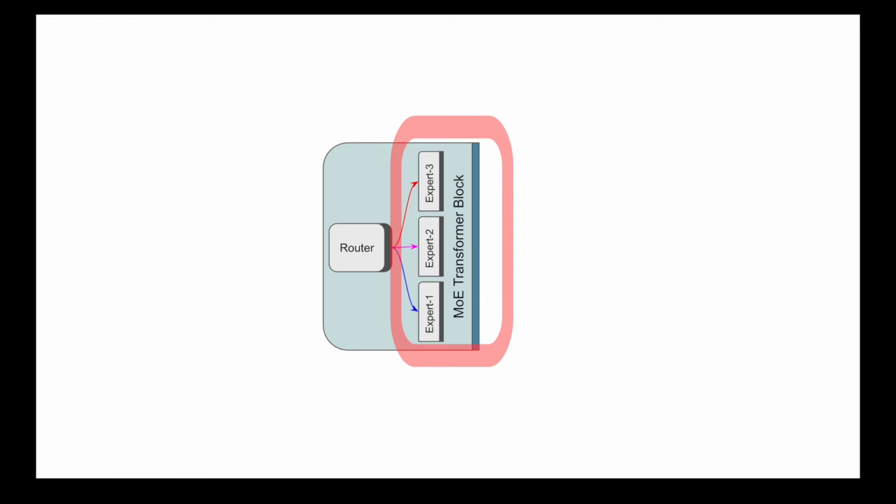So architecture-wise, you can see that a MoE has two main components. One is your gating network, or the router, and the second, a large collection of experts.